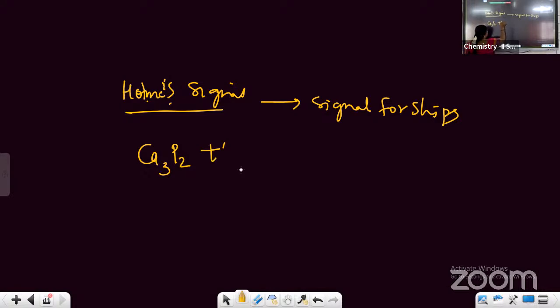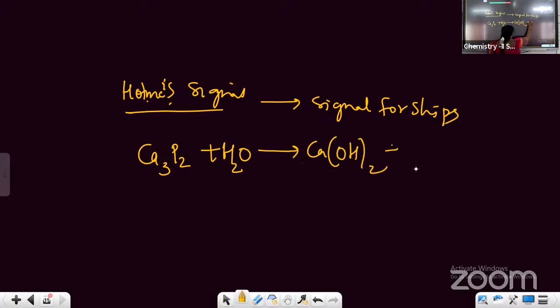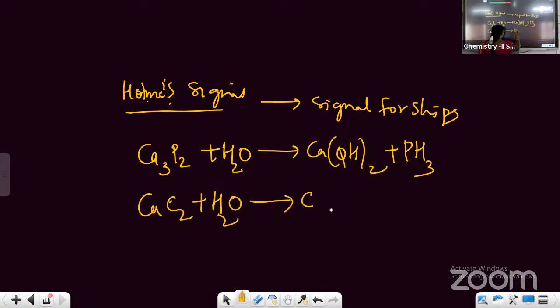When this reacts with water, it gives calcium hydroxide plus PH3 gas, phosphine gas. The next, calcium carbide, CaC2 plus H2O. This gives calcium hydroxide plus acetylene, C2H2.